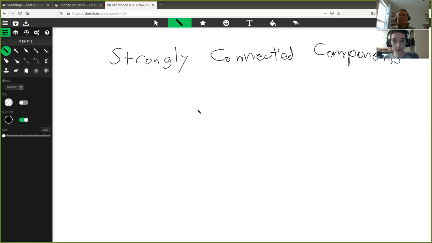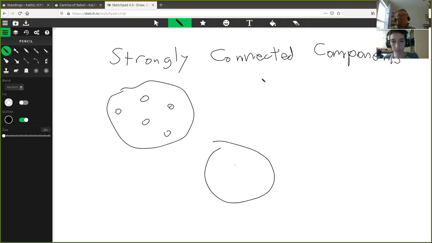So I don't know if I have time to cover everything there, but essentially the idea is that any directed graph can be split into sets of vertices so that within each set, it's strongly connected.